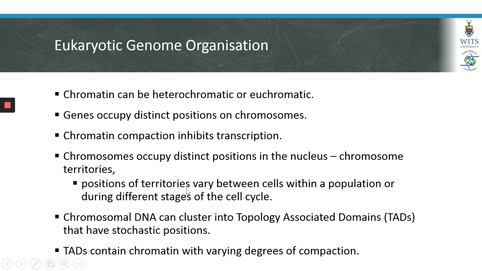The positions of chromosome territories can vary between cells within a population or during different stages of the cell cycle. Chromosomal DNA can cluster into topology-associated domains, and these domains have stochastic or variable positions. TADs contain chromatin with varying degrees of compaction.